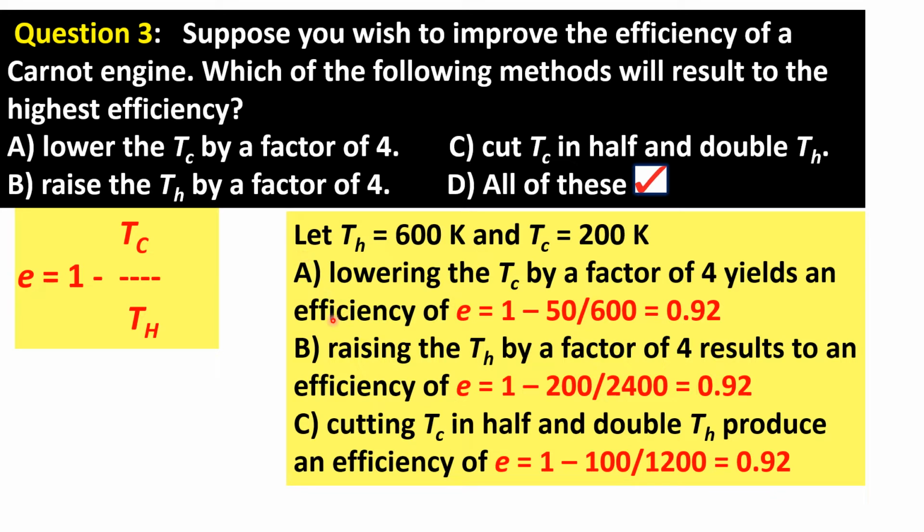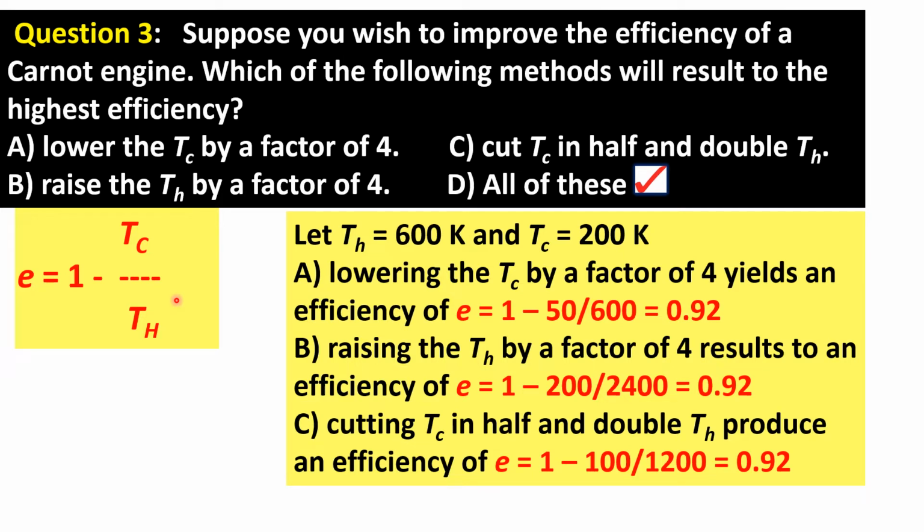May I also add that in interpreting this formula for efficiency, what do you think will be the highest efficiency possible, theoretically speaking? That will happen if the value of TC and TH is such that the ratio is equal to 0. If the ratio of TC over TH is equal to 0, then the efficiency becomes 1 minus 0, or 1, meaning 100%.